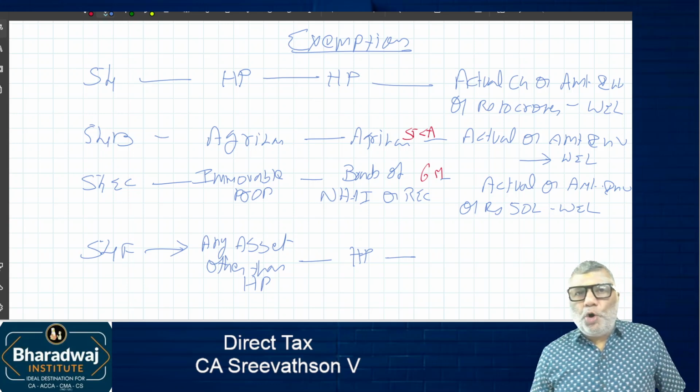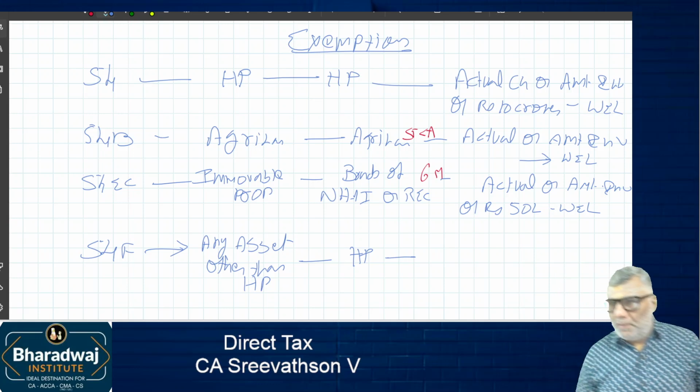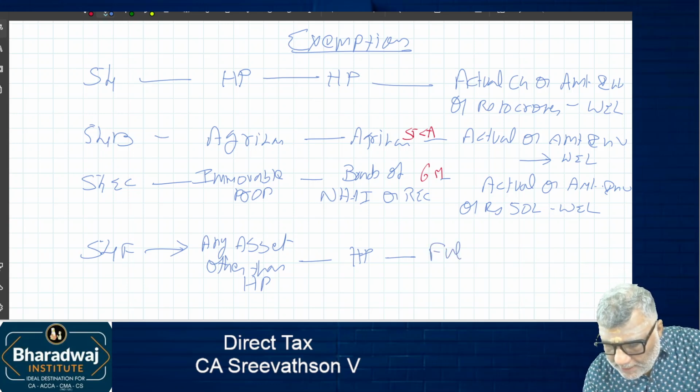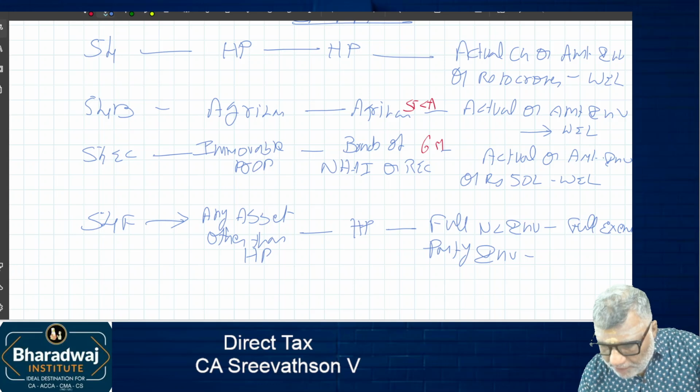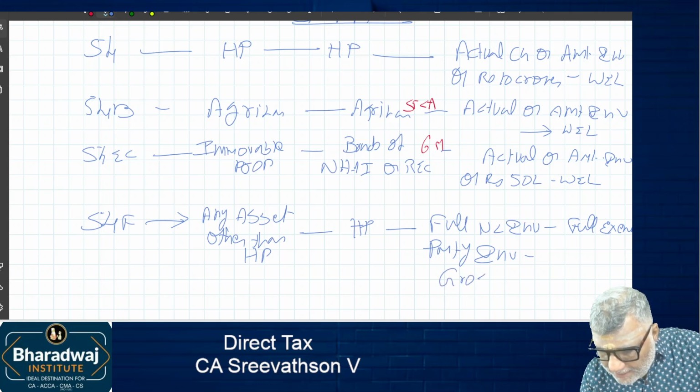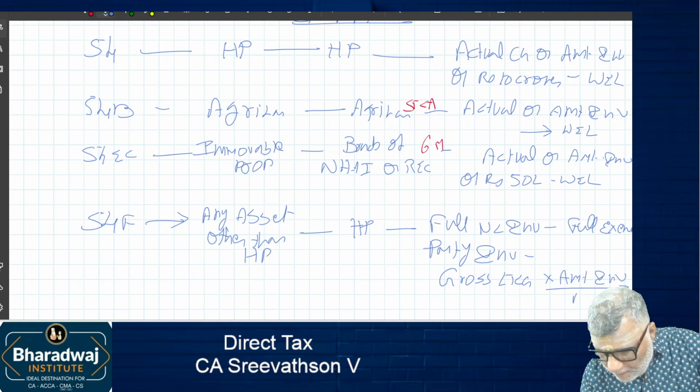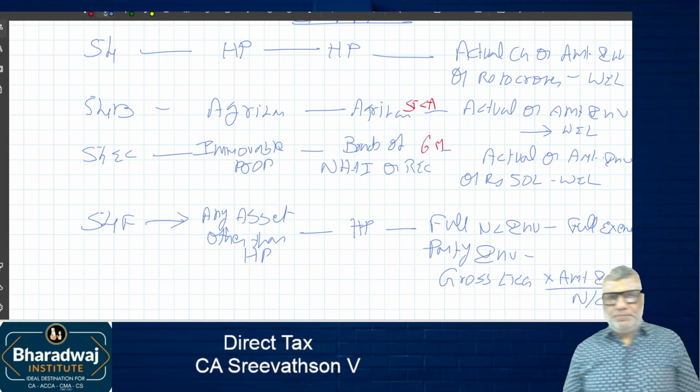There is a proportionate computation. If full net consideration is invested, full exemption. If partly invested, the exemption will be gross LTCG into amount invested divided by net consideration.